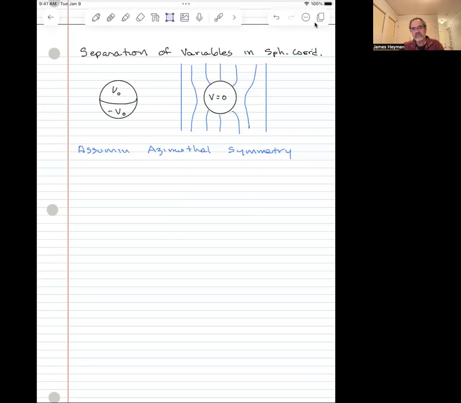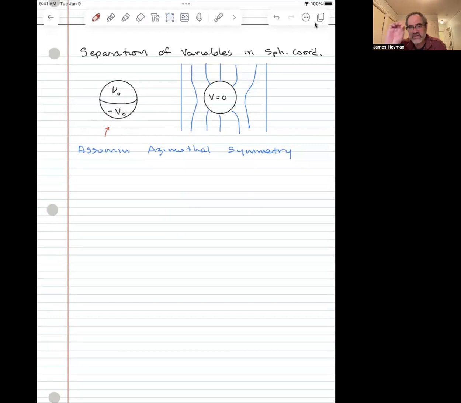All right. So what kind of problems might we be interested in solving? Well, here are two. In the first one, we have a ball that's made up of two conducting hemispheres. The top hemisphere is set at a potential V0, and the bottom hemisphere is charged to a potential minus V0, okay?